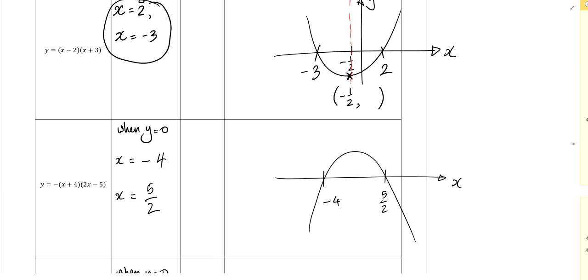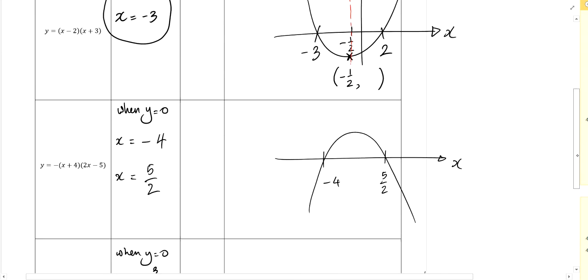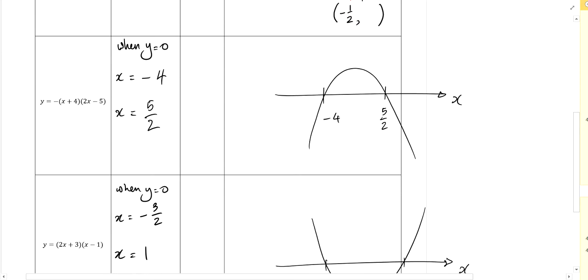For the second case, where is my y-axis? Is it closer to negative 4 or closer to 2.5? Closer to 2.5. Then let me draw my y-axis over here, y and x.